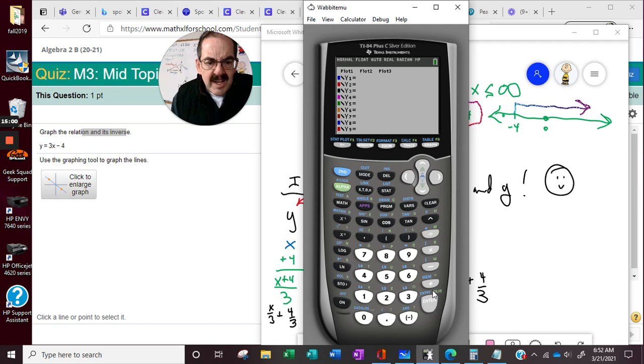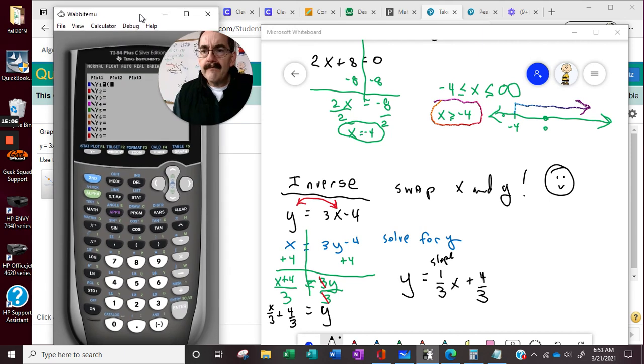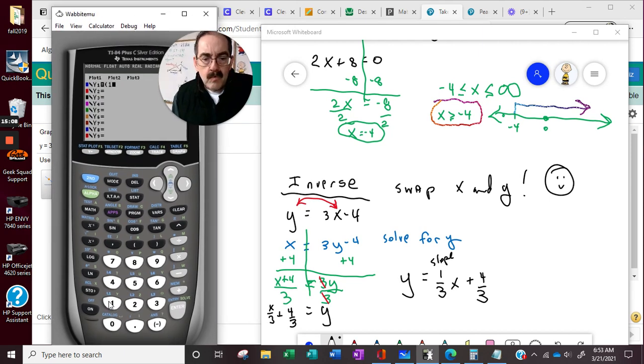Okay, so y equals parenthesis, 1 divided by 3, there's my slope with the variable x, plus my y-intercept, 4 over 3, close, equals graph.